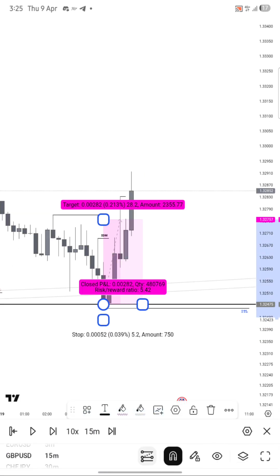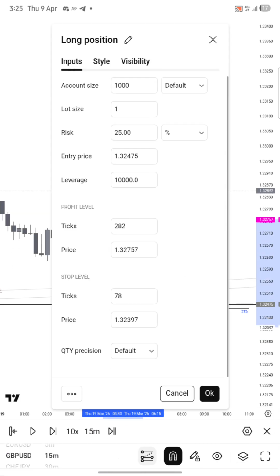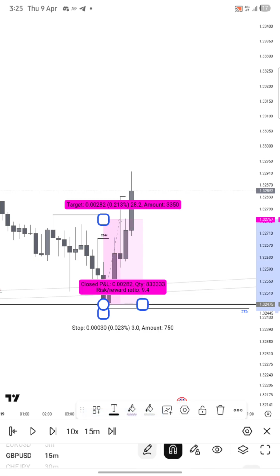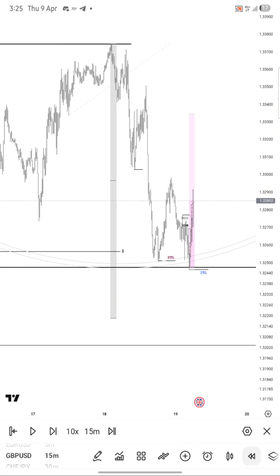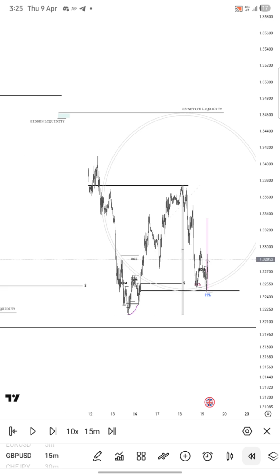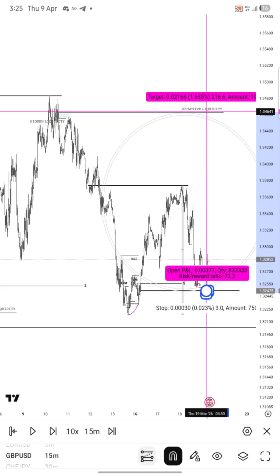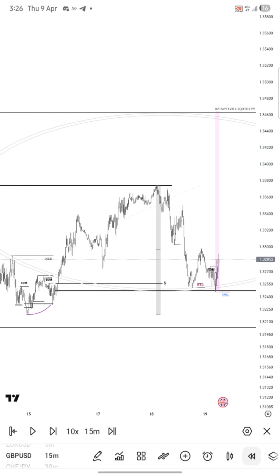We will be using a maximum pip stop loss and targeting the reactive liquidity to the buy side, also the end of the circle.